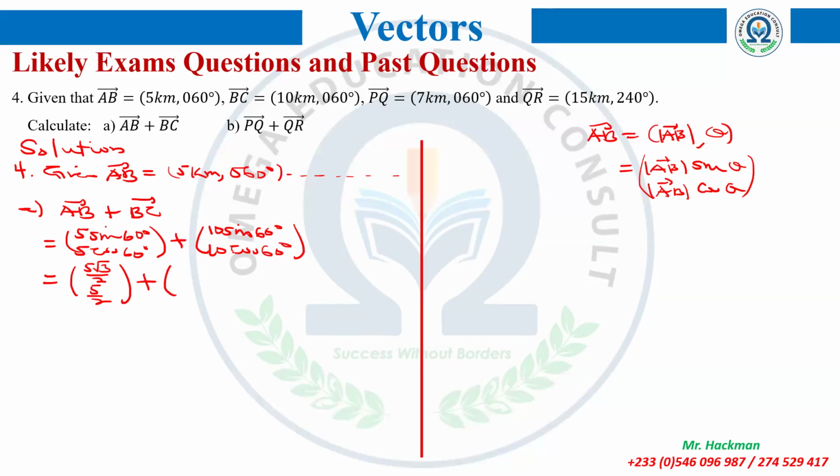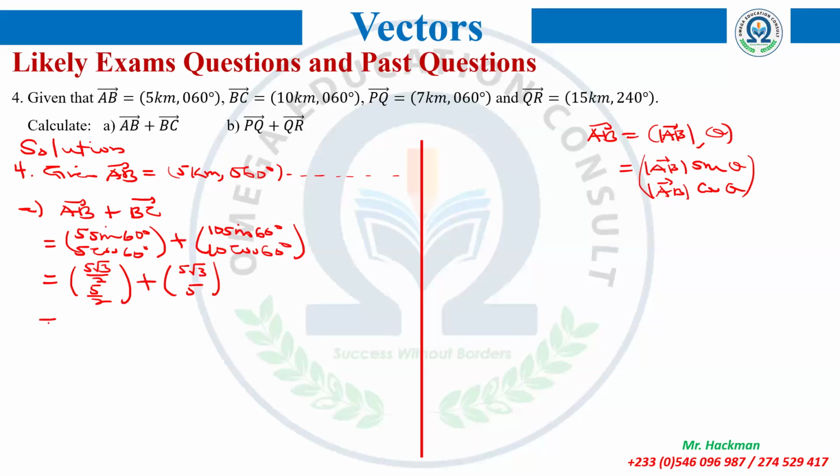So 10 sine 60 is 5 root 3, because it will be root 3 on 2, which will cancel that. Then 10 cos 60 is 5.